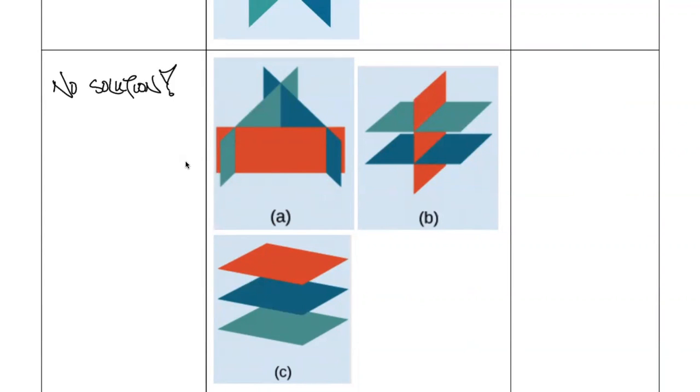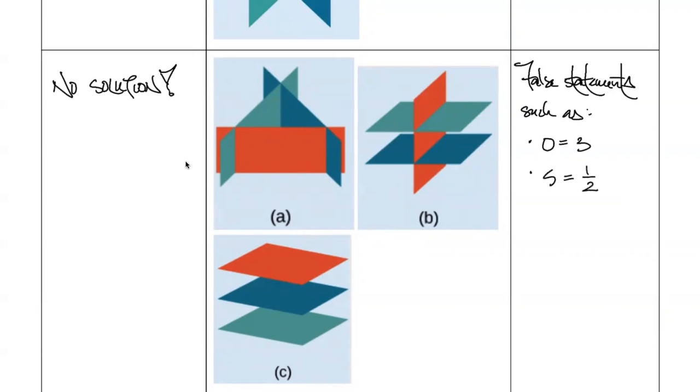And what it looks like for you is you might get a false statement, such as maybe you get 0 equals 3, right? That's definitely not true. Or 5 equals 1/2. That's definitely not true.